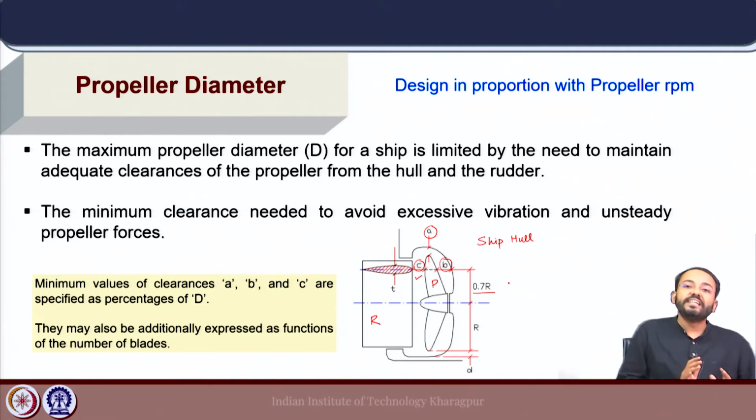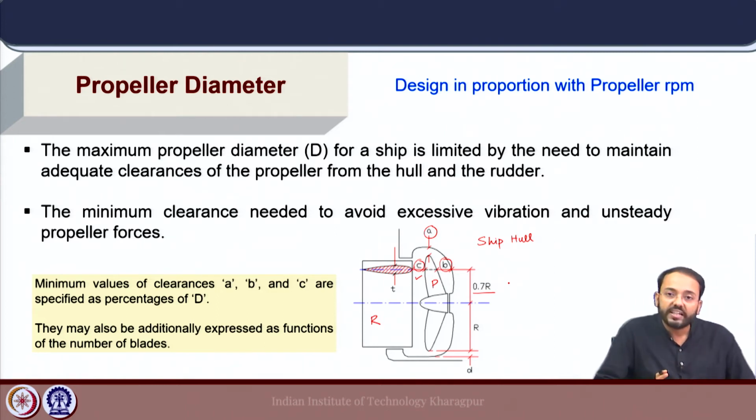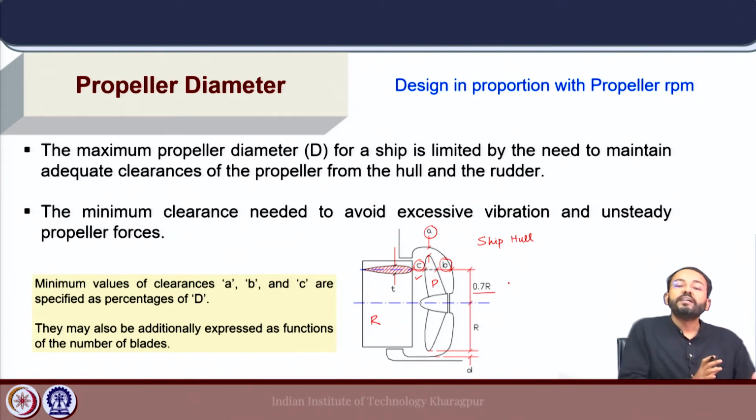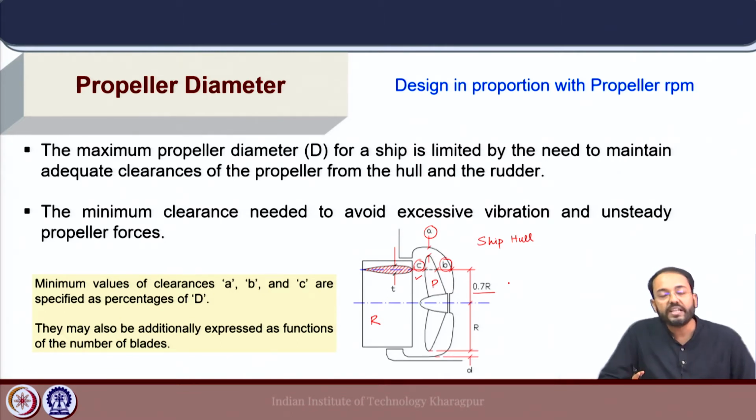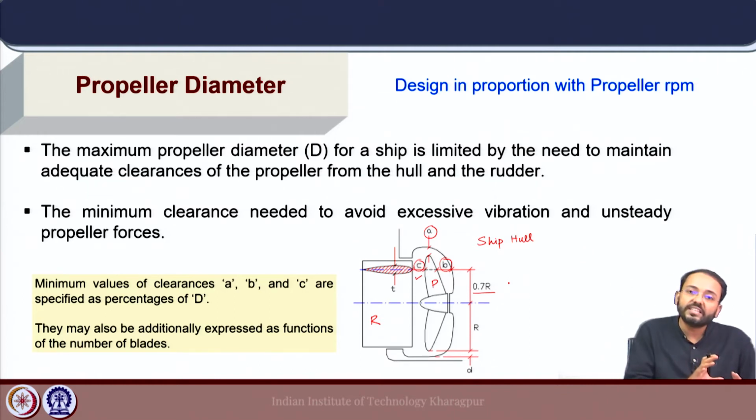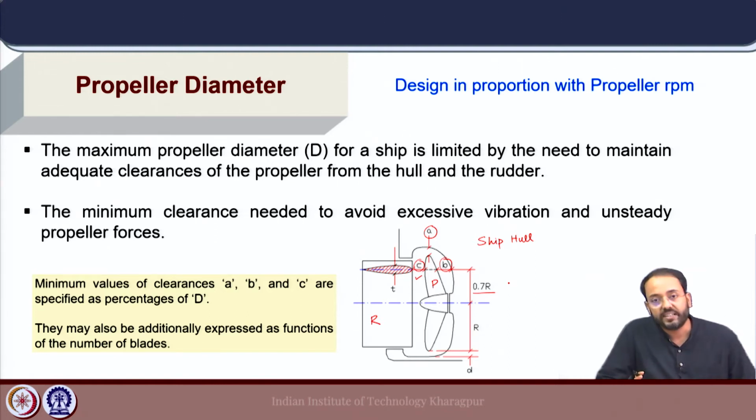Now, these clearances are very important to keep the maximum vibration and unsteady forces within a certain limit. So, the diameter that can be chosen for a specific propeller in the design process should include these clearances while checking the available diameter behind the stern for the propeller design.